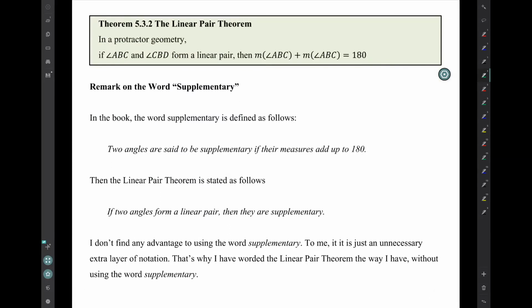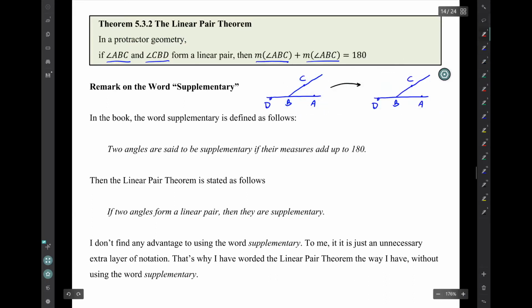Now the linear pair theorem says in a protractor geometry, if angle ABC and angle CBD form a linear pair, then the measure of those two angles add up to 180. Now let me illustrate that. So in the left picture, I just have a picture of a linear pair.